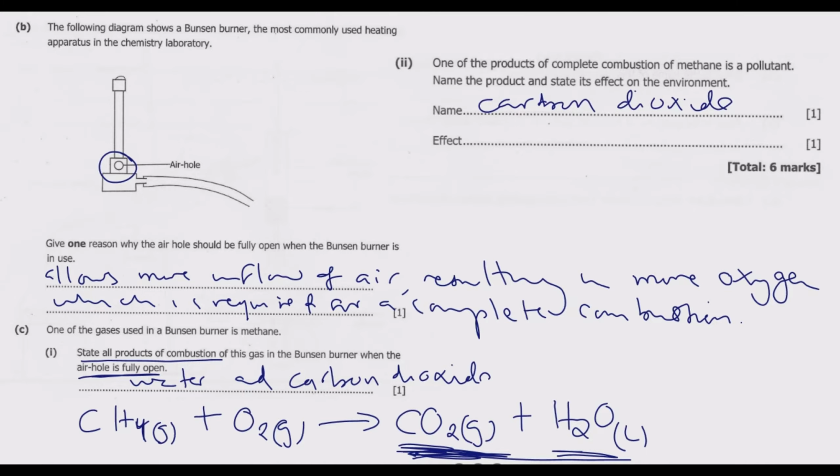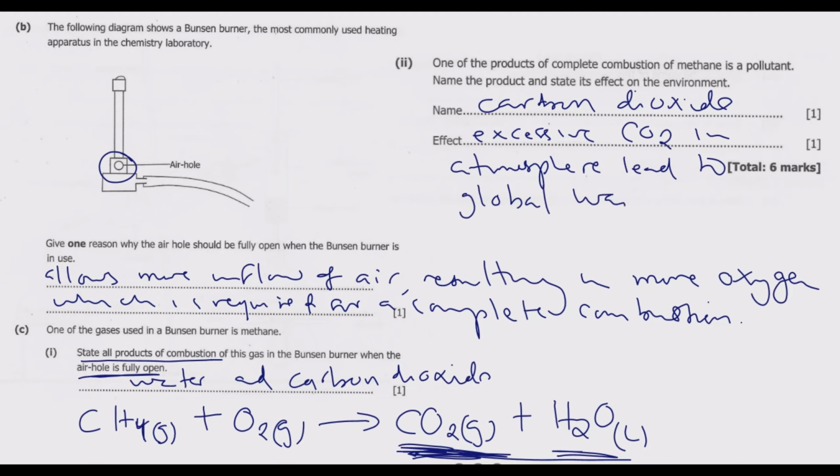Then what is its effect on the environment? Excessive carbon dioxide in the atmosphere leads to global warming.